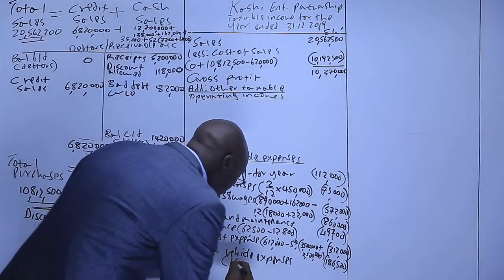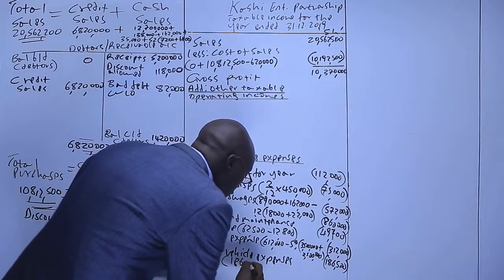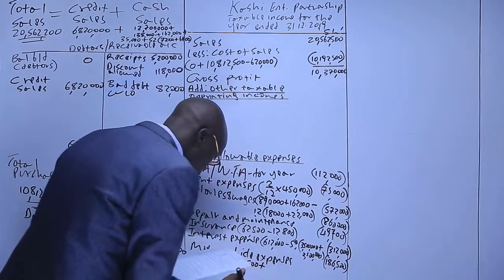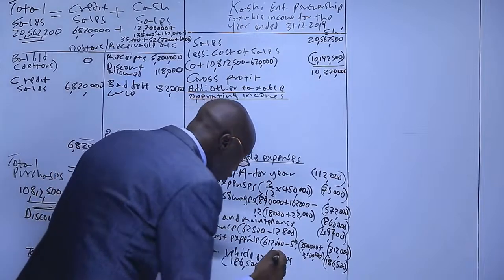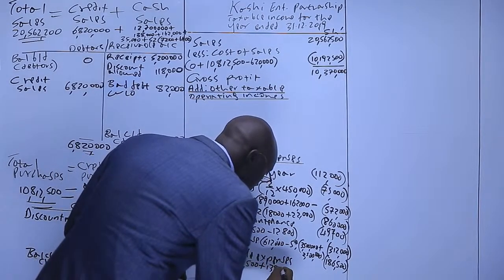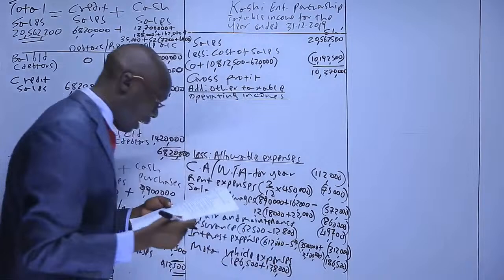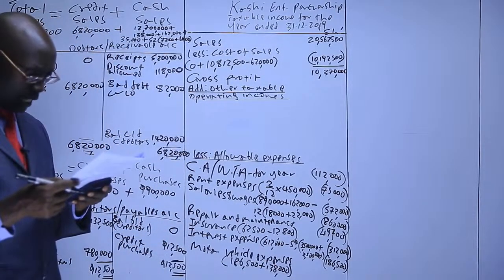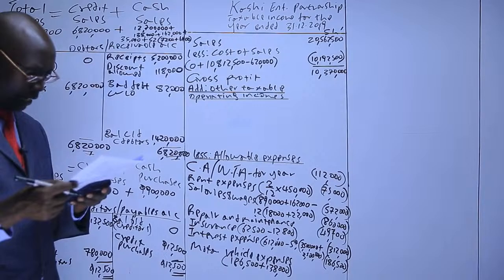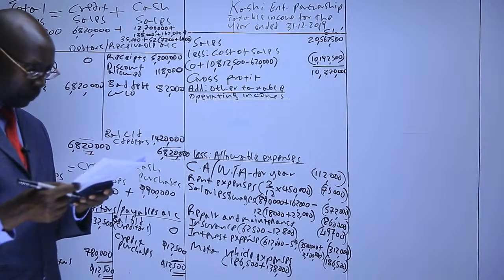So it will be 186,500 plus the one that was paid cash, which is 138,000. We check if it is mentioned somewhere else, but the motor vehicle is not mentioned anywhere else. So what does that mean?